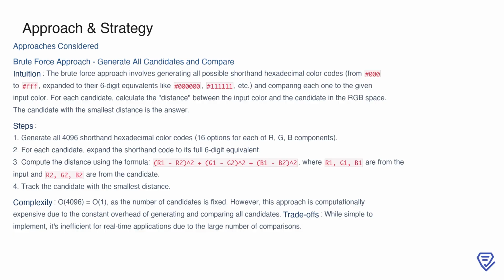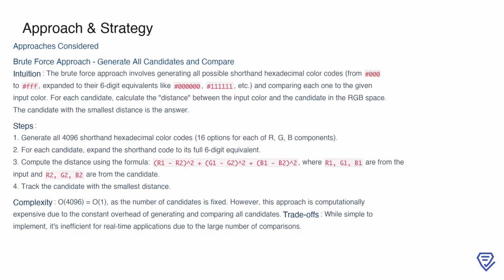For each candidate, we calculate the distance to the input color in RGB space using the formula (R1 - R2)^2 + (G1 - G2)^2 + (B1 - B2)^2, where the R, G, and B values represent the red, green, and blue components of the colors. The candidate with the smallest distance is considered the closest match.